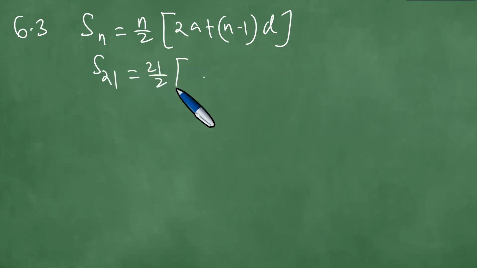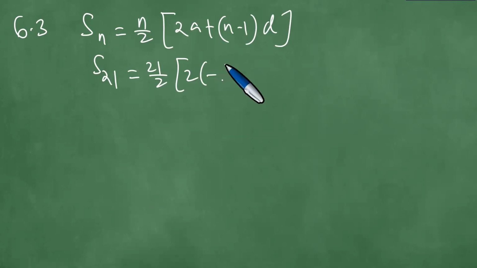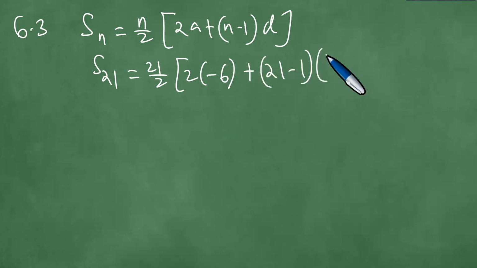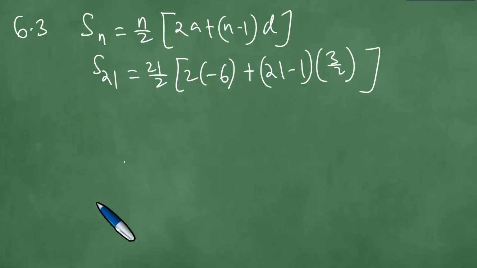That is 21 out of 2, with a is minus 6. So let's do this now.